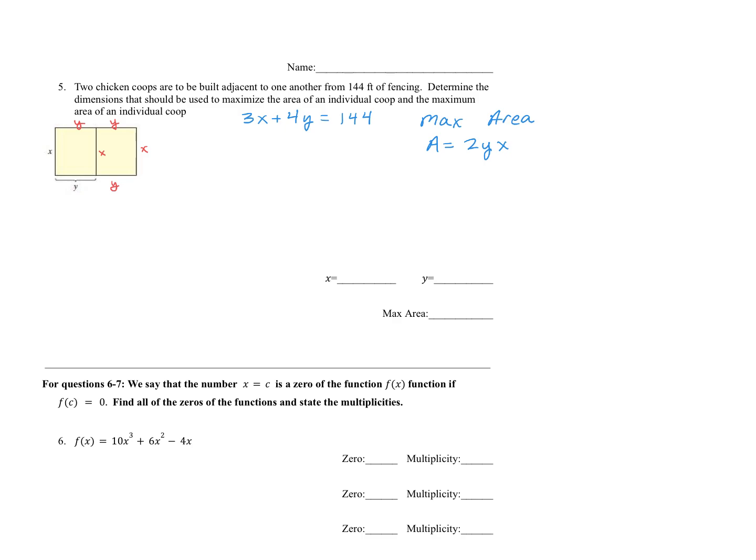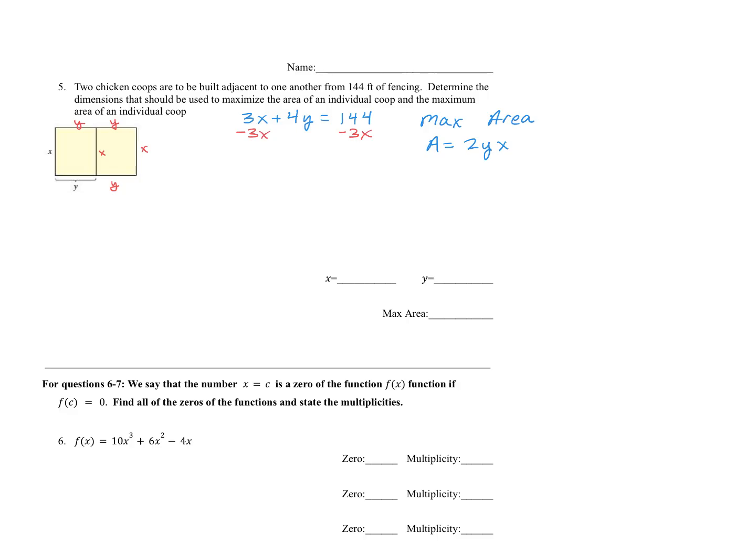Now, the next thing you'll notice is we can't maximize that A formula because it has 2 variables in it. So we need to get rid of one of them. And it's your call which one you want to keep and get rid of. Because we're doing so much with X's in the class, let's stay consistent. So let's solve the formula for Y. So up here, we're going to first subtract 3x from both sides.